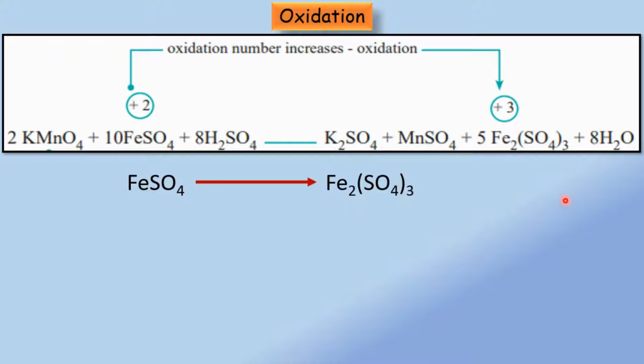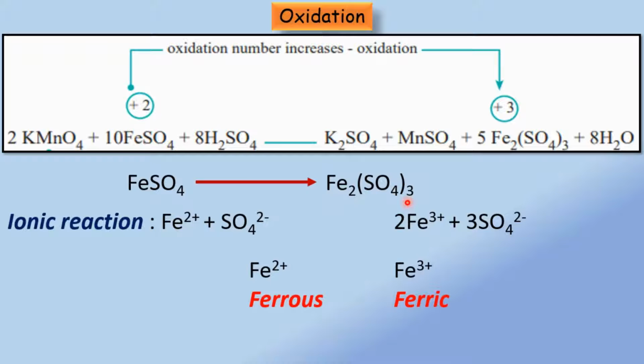FeSO4 can be written as Fe2+ plus SO4 2-, and Fe2(SO4)3 is written as 2 Fe3+ plus 3 SO4 2-.